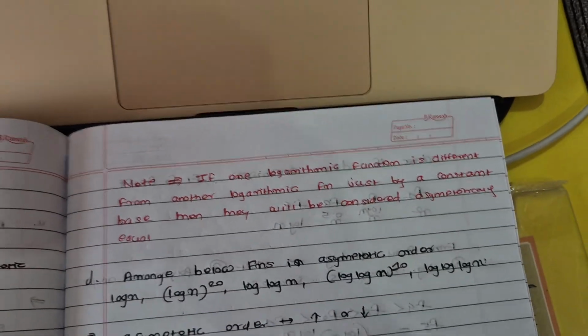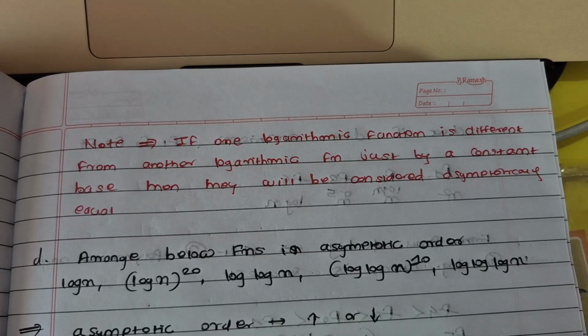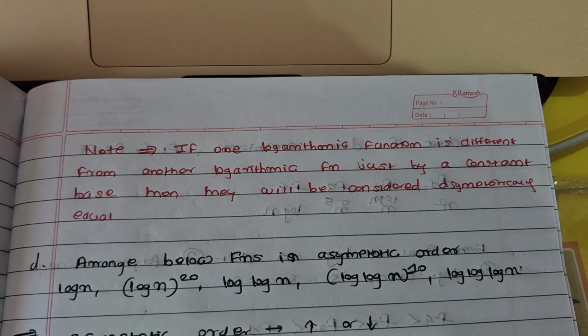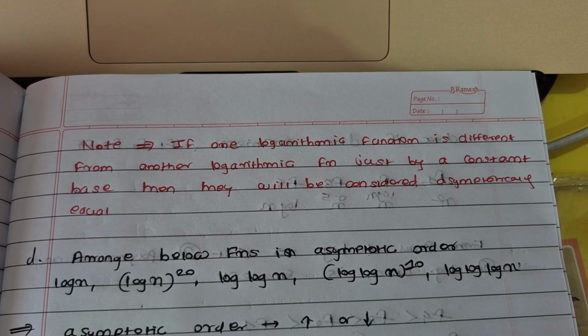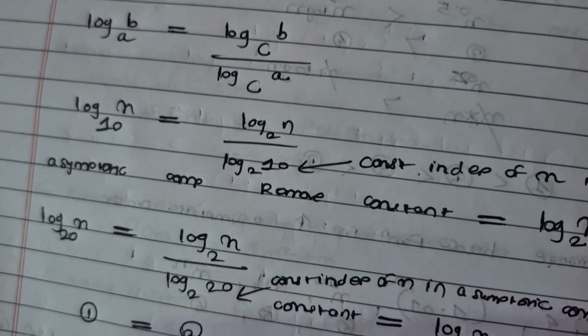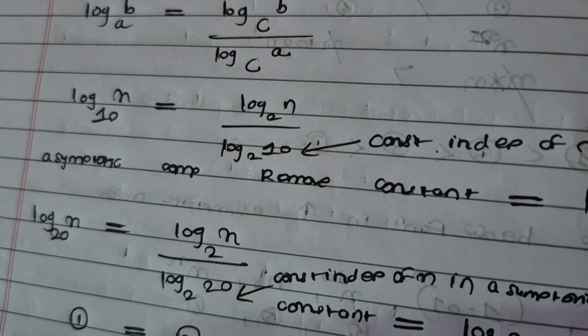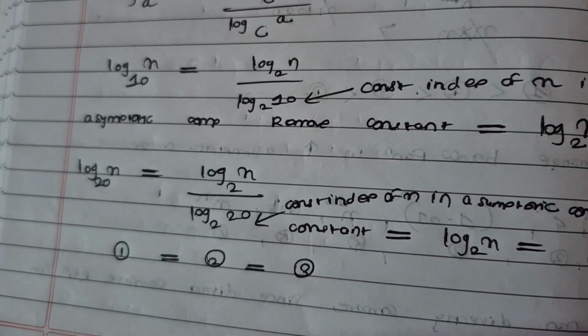So there is a note from this example. If one logarithmic function differs from another logarithmic function just by a constant base, then they are considered asymptotically equal. If in the denominator you see a constant like log to the base 2 of 10, then all these three terms are considered asymptotically equal.